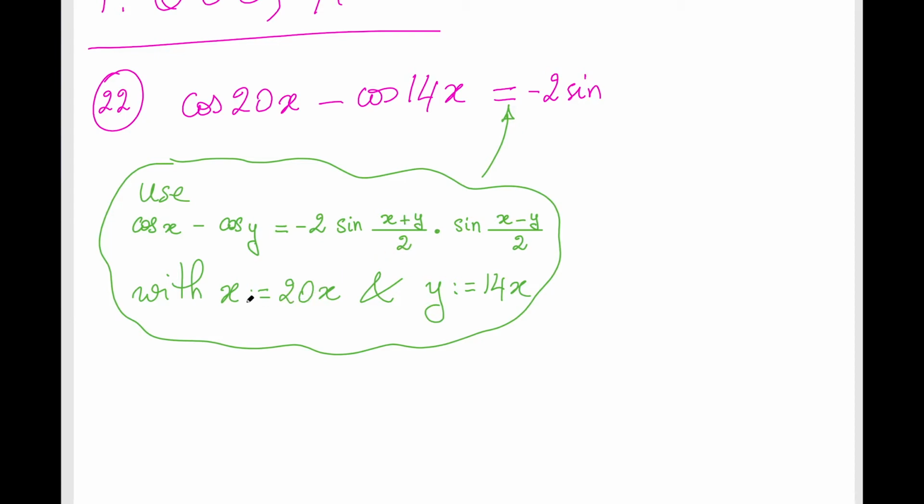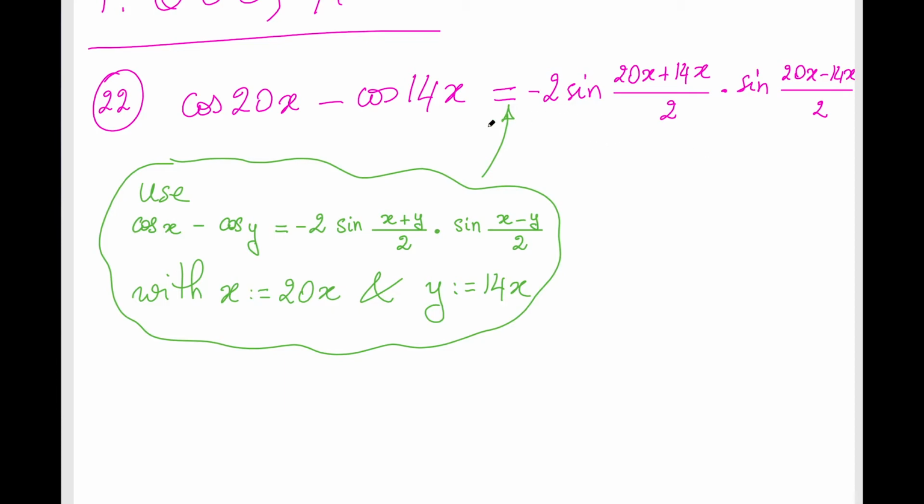So x plus y is 20x plus 14x, over 2, times sine of the difference between x and y. So the difference now is 20x minus 14x, because the x of the formula is 20x and the y of the formula is 14x, over 2, right?